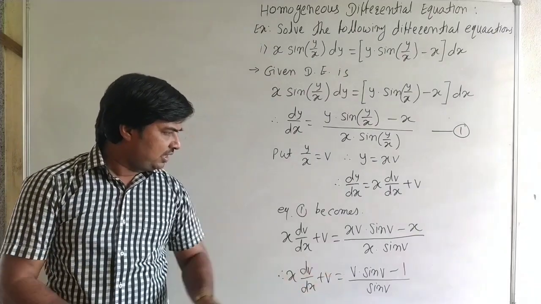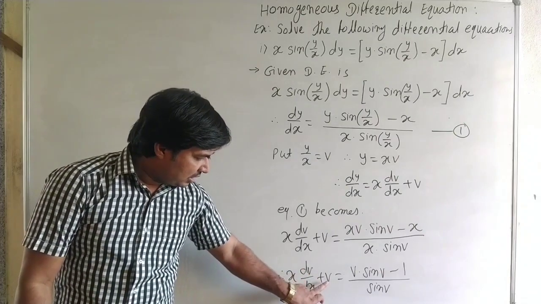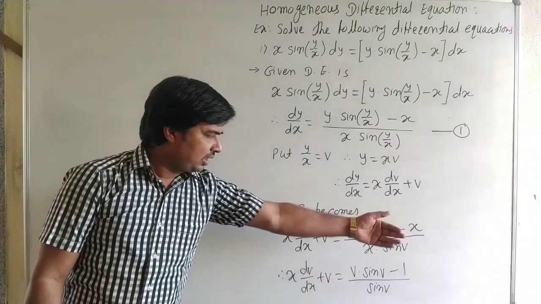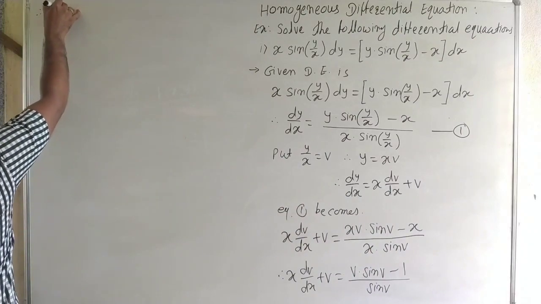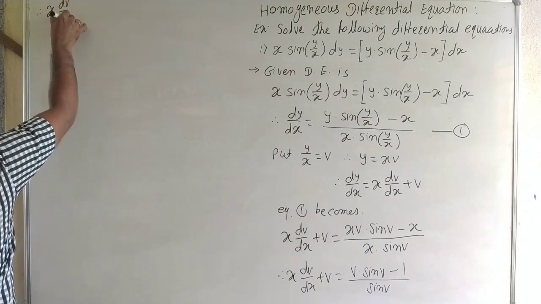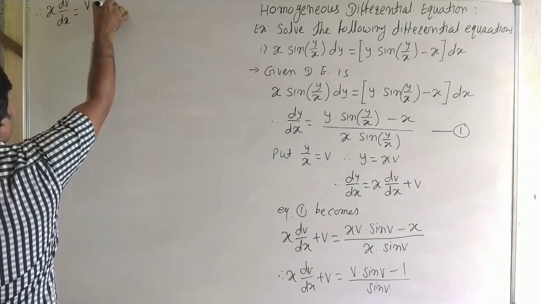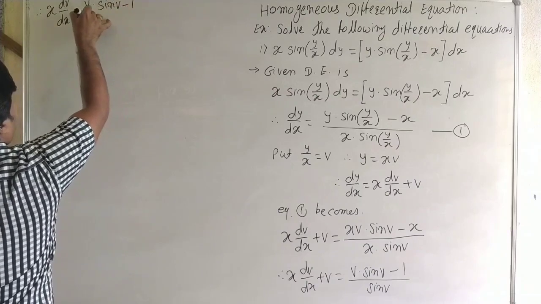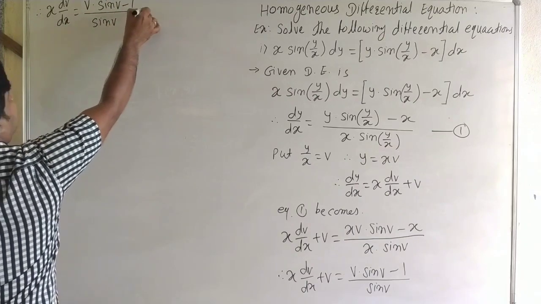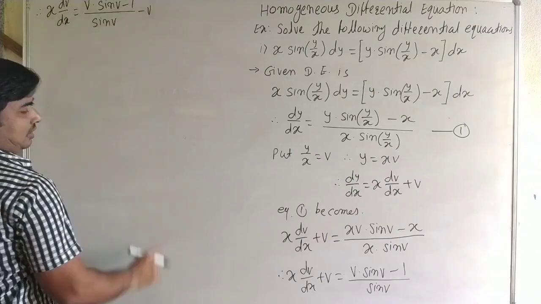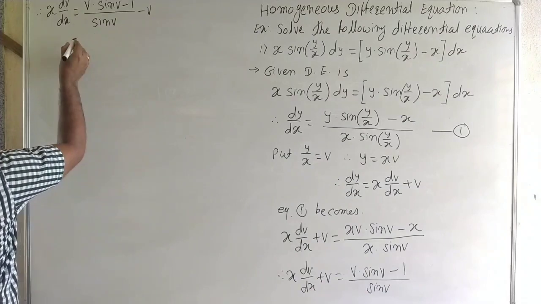Now this differential equation we can solve by using the variable separable form. Here it is plus v, we can write in the RHS as minus v. Therefore x into dv by dx is equal to v sin v minus 1 upon sin v minus v. Then we calculate.